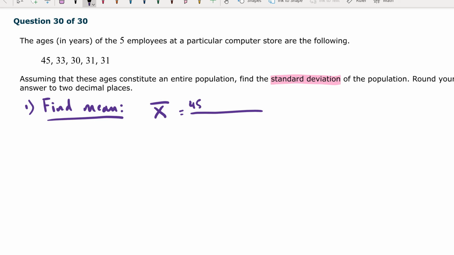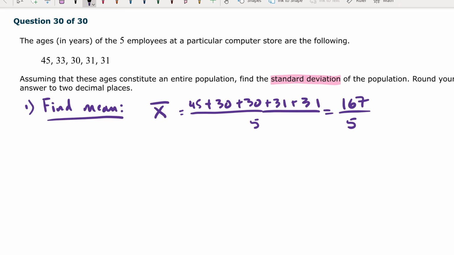So we have 45 plus 33 plus 30 plus 31 plus 31, divided by the total of 5 employees. That gives us 167 divided by 5, which is 33.4. I think I made a miscalculation somewhere.